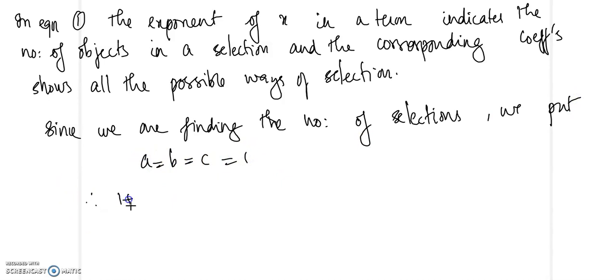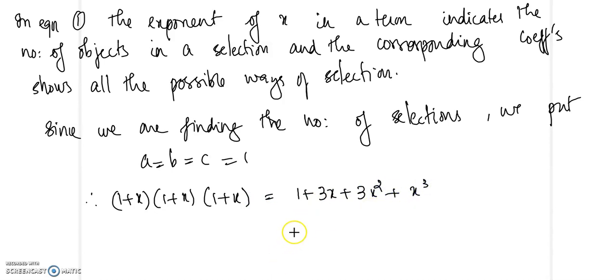So therefore 1 plus x into 1 plus x into 1 plus x will be equal to 1 plus 3x plus 3x square plus x cube. So that is equal to 1 plus x whole cube.